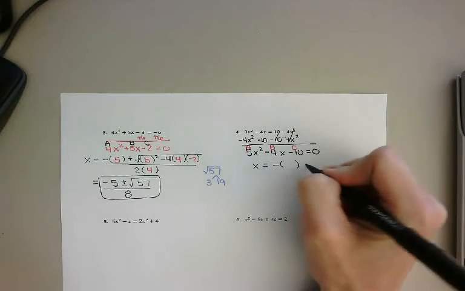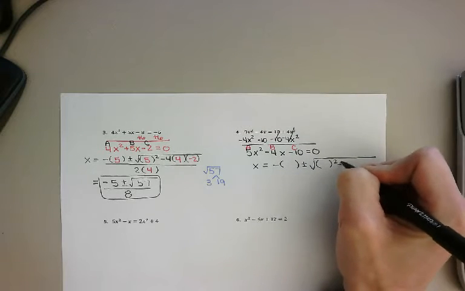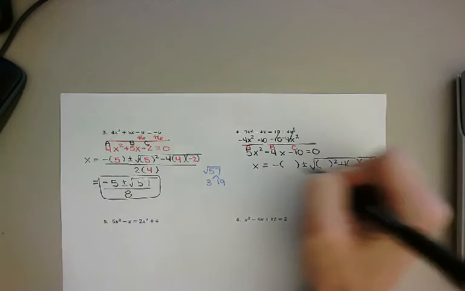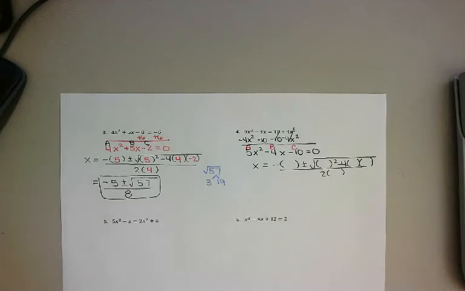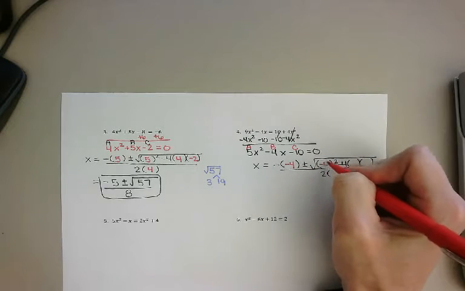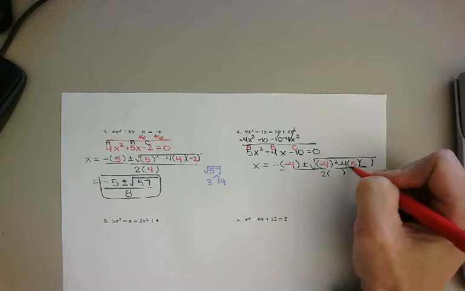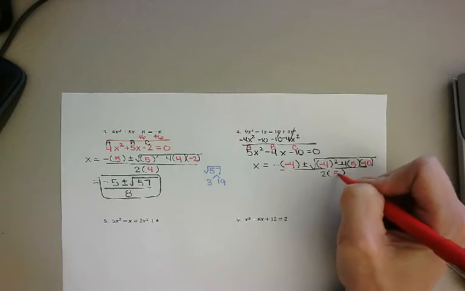So negative b plus or minus the square root of b squared minus 4ac all over 2a. All right, so the b is negative 4, the a is 5, the c is negative 10, and again the a is 5.